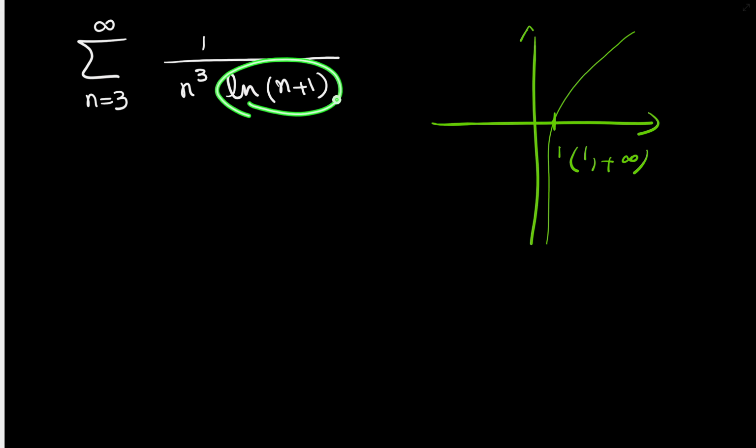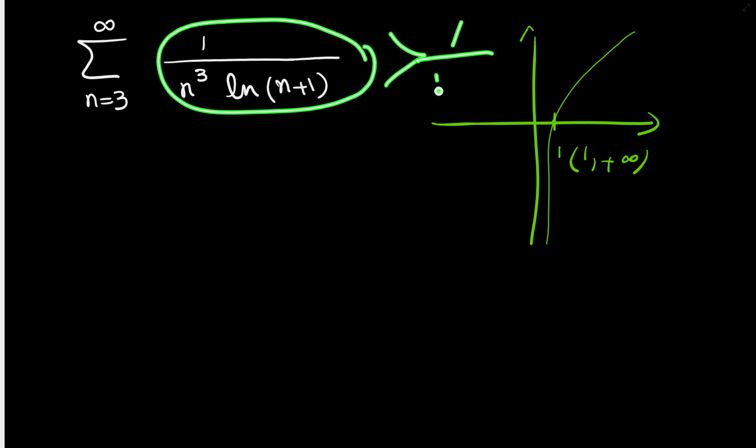When it is greater than 1, then we know 1 over n to power 3 natural log is less than 1 over n to power 3, but for the n values that natural log of n plus 1 is between 0 and 1, then this sequence is greater than 1 over n to power 3.